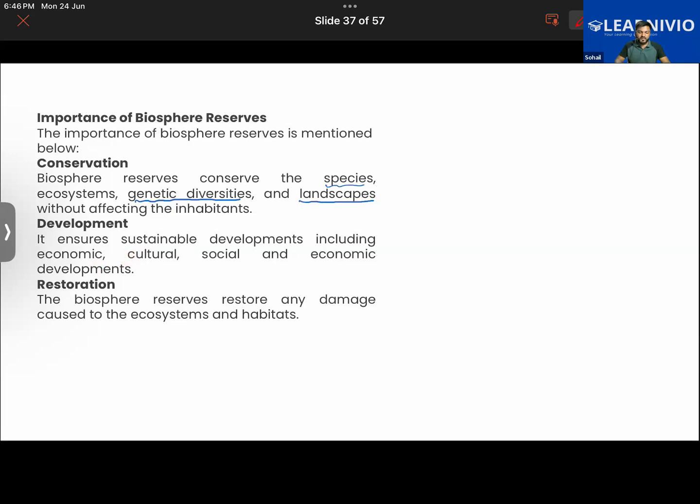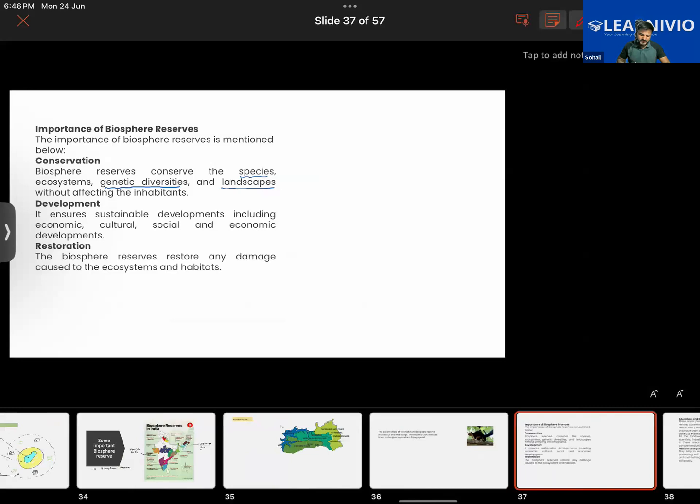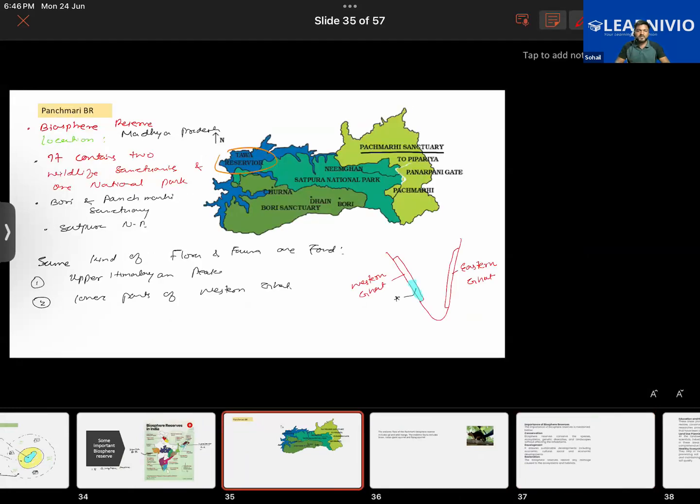We know that a biosphere reserve is jointly managed by both the local people, that is the tribal people, and the government. Local people's participation is required to manage a biosphere reserve because they know that area very well compared to government officers.